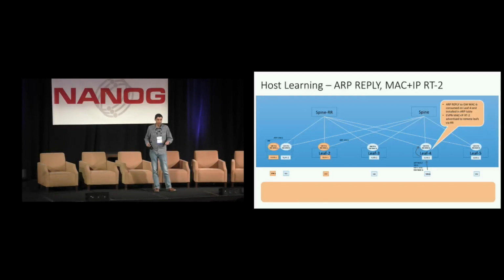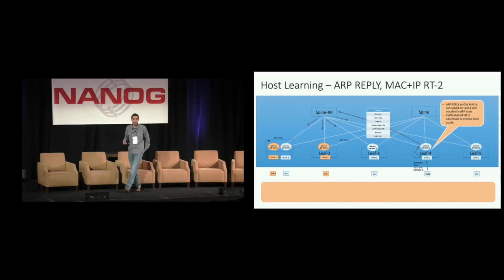So leaf 4 will simply learn the local MAC IP of VMB, install it in its ARP table, install it in its routing table, and generate a route type 2, which is a MAC plus IP route advertisement in the EVPN control plane to all the other leaves that are part of the layer 2 VPN and the layer 3 VPN overlay in the data center.